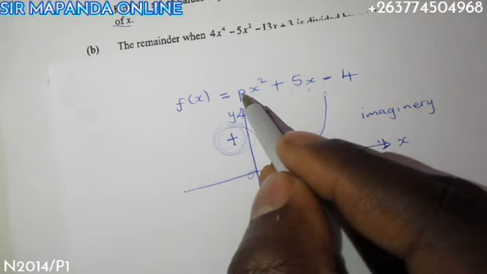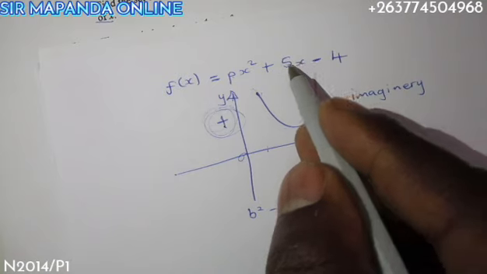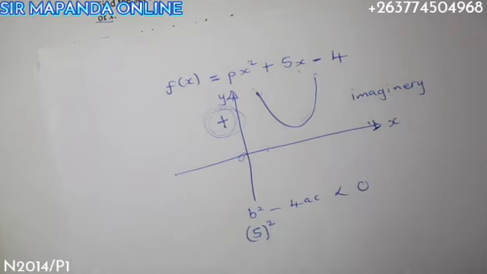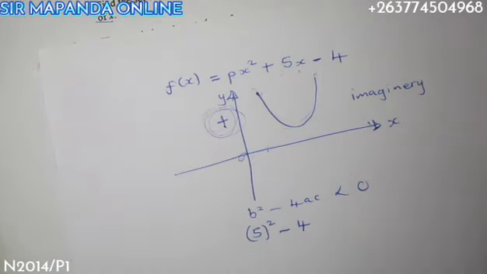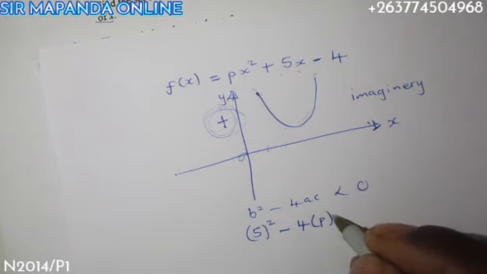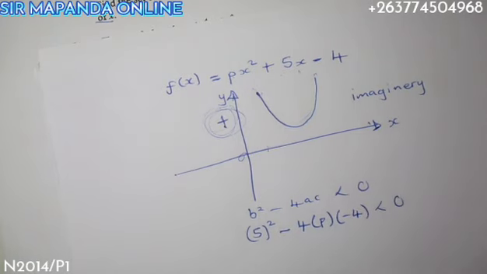So remember, b is the coefficient of x. In this case, the coefficient of x is 5. So you write 5 squared, right? Minus 4. a is the coefficient of x squared, in this case a is p. Then c is the constant term, which is minus 4, is less than 0.